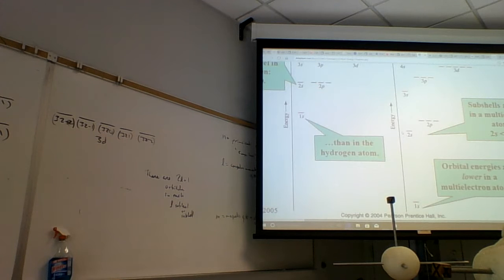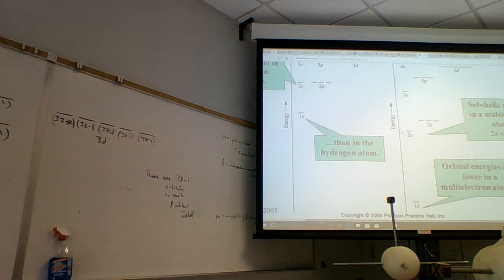So in both models, the Bohr model and the quantum mechanical model, the energy of the hydrogen atom depends only on n. The energy level. It does not depend on the shape or L, or the angular momentum.